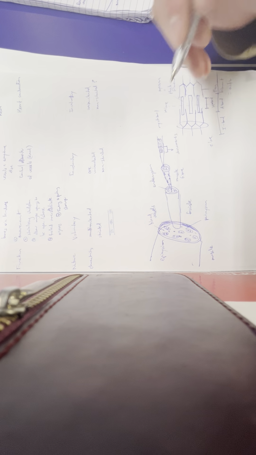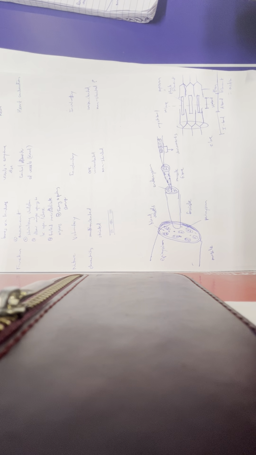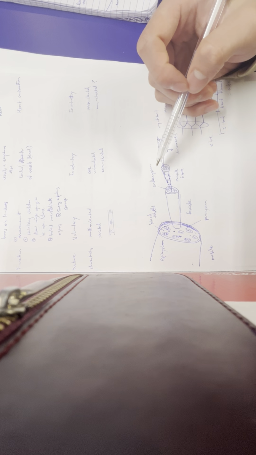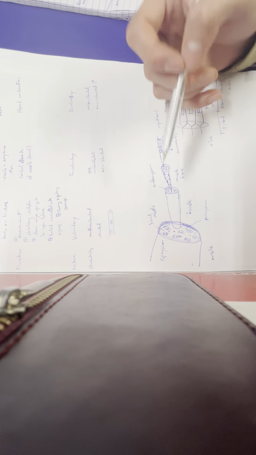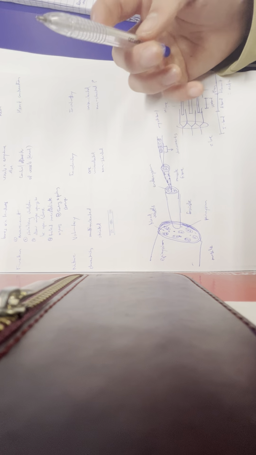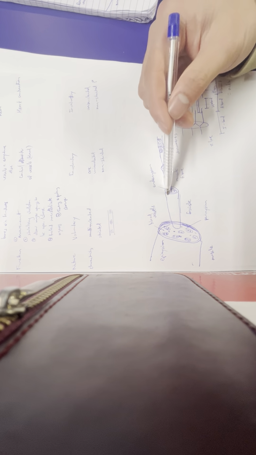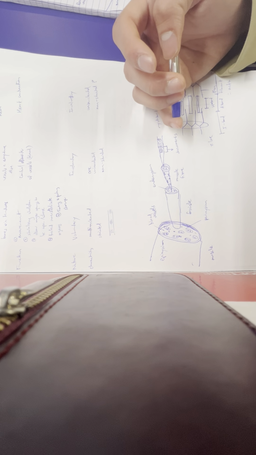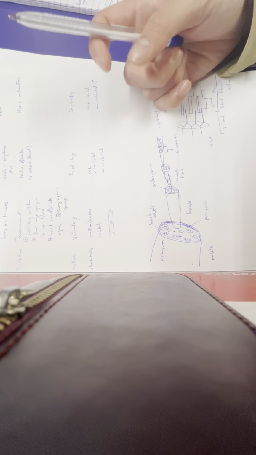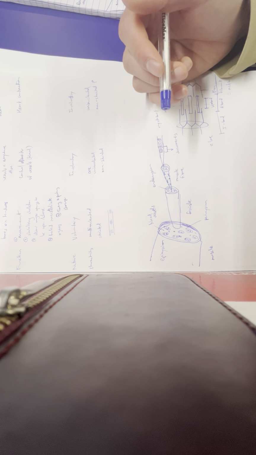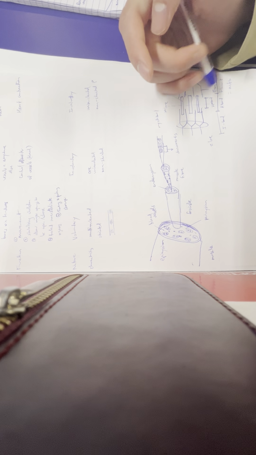And you just have to know that these types of tissues are connective tissues that ensheath around. So endomysium is a connective tissue layer that ensheaths each individual muscle fiber in a fascicle. Perimysium is a connective tissue layer that ensheaths each individual fascicle in a muscle, and epimysium is the connective tissue layer that ensheaths the entire muscle itself, right?